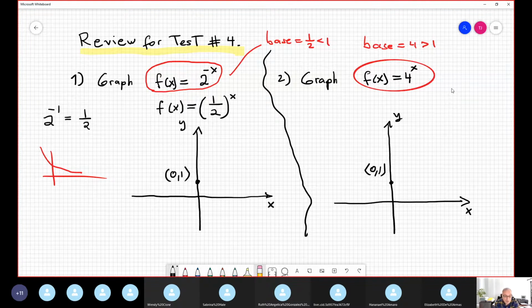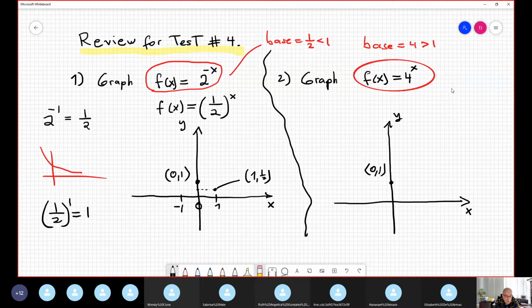Now the other points are x equal 1 and x equal -1. When x is 1, it's 1/2 raised to the 1, which is obviously 1/2. You take that segment and split it in half. This point is (1, 1/2).